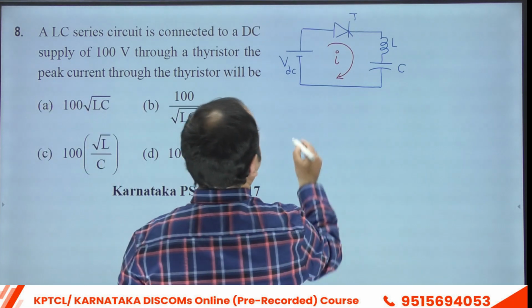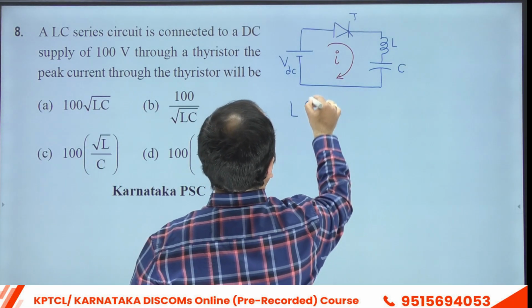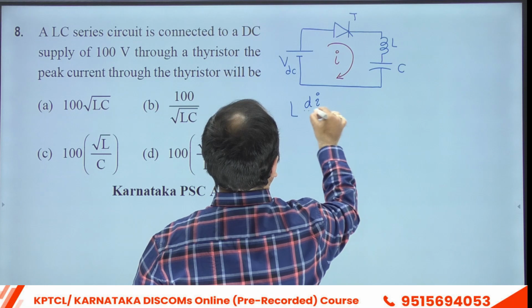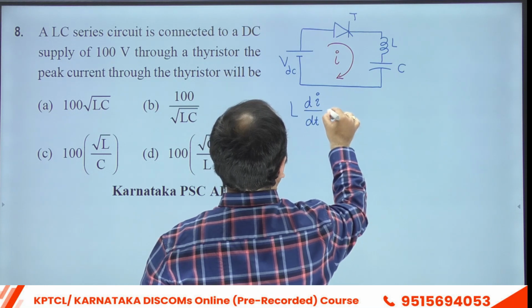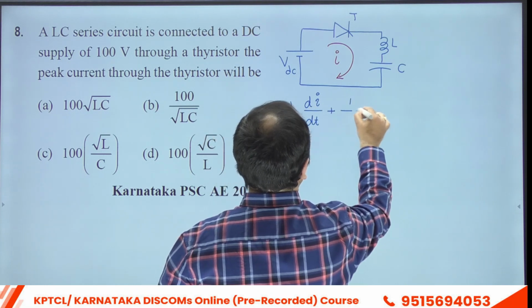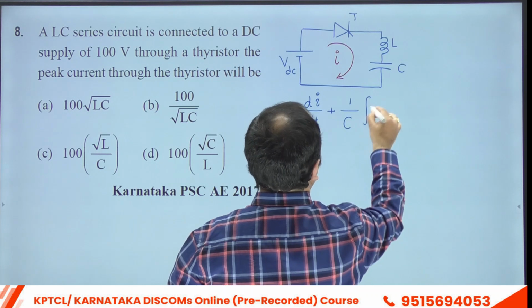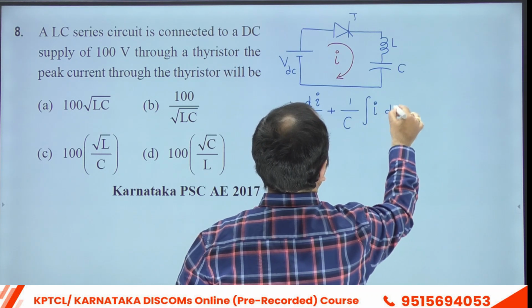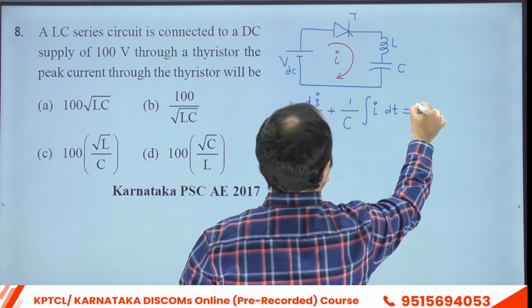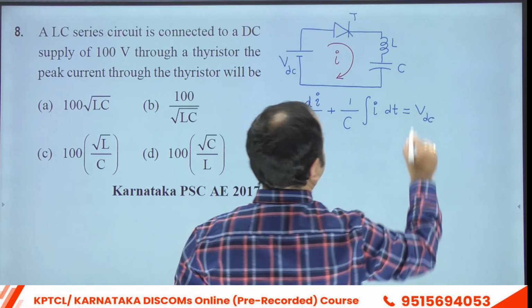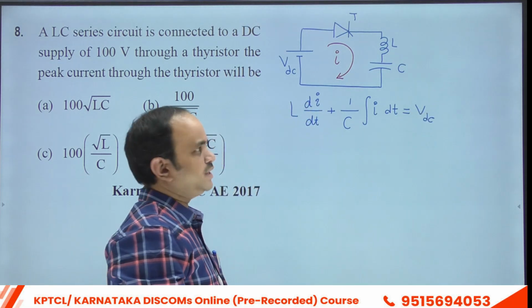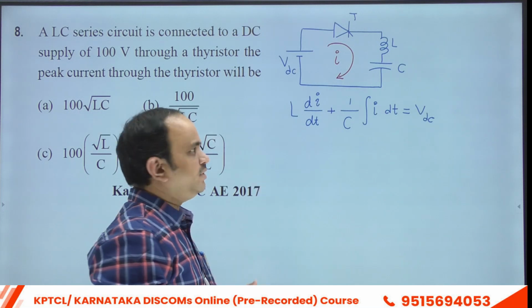So here L into di by dt plus 1 by C integral I dt is equal to source voltage. I am not going with the derivation here.